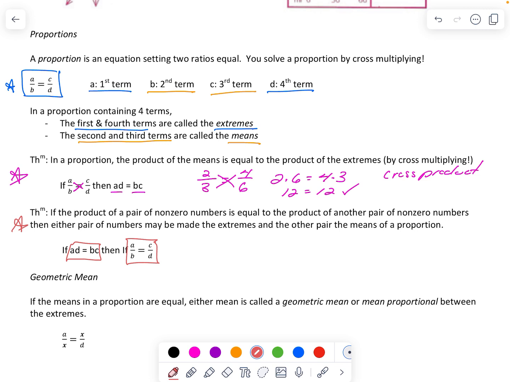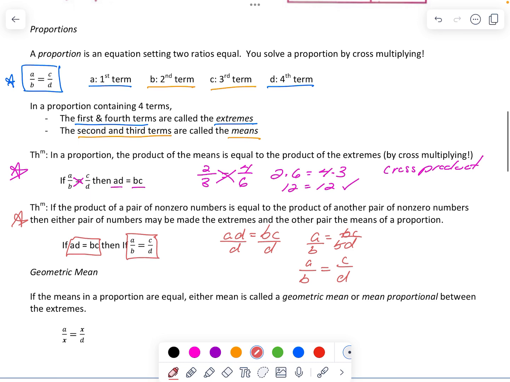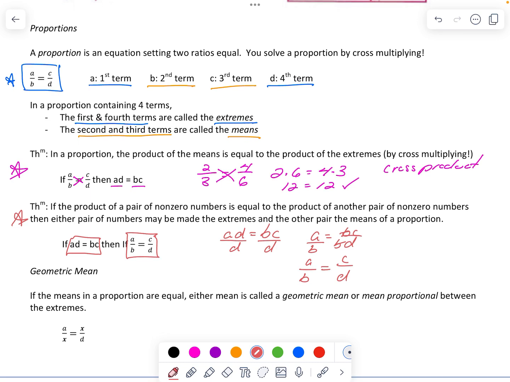If we take that AD equals BC, we can divide both sides by D, and that gives us A equals BC over D. And then we can divide both sides by B, and get our final A over B equals C over D. So we can always convert that product of a pair of non-zero numbers to the product of another pair of non-zero numbers to equal a proportion.